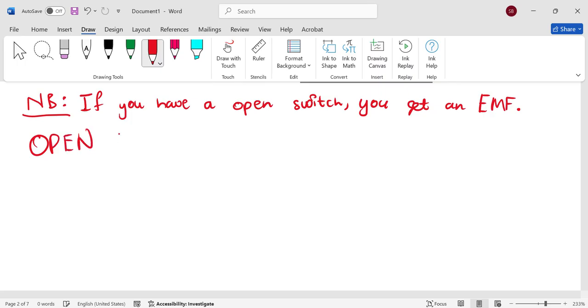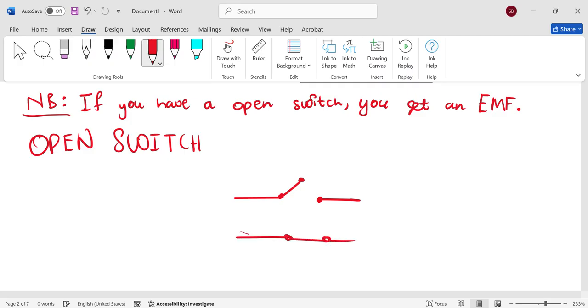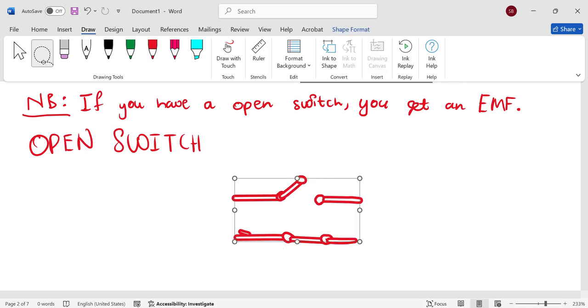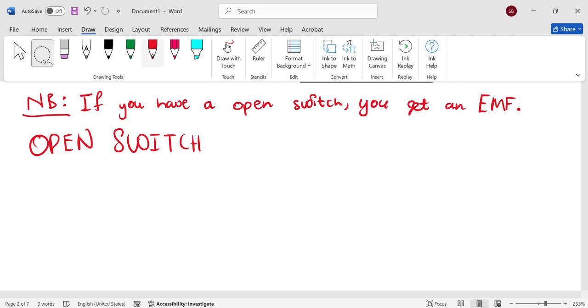Please do not forget this. Open switch, not a closed switch. In a circuit, an open switch would be something like this, because now there's no current flowing. And for a closed switch, you would have something like this, so that's where your current can flow.